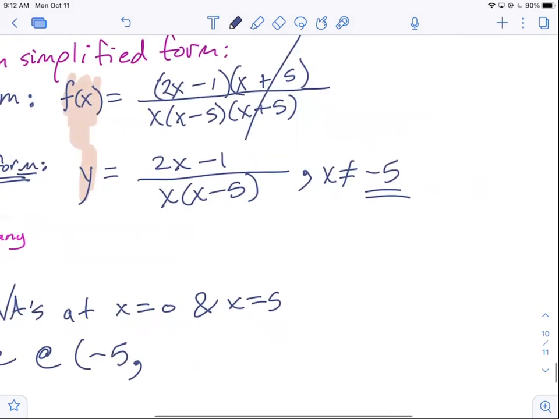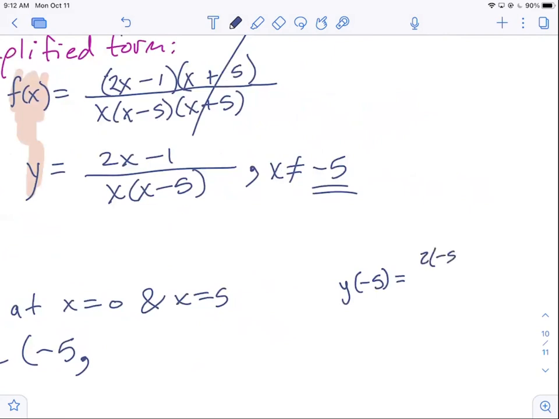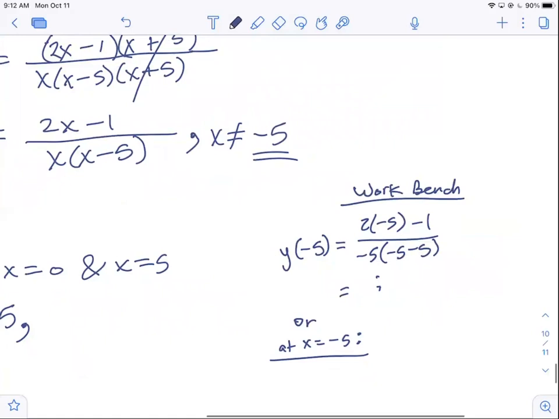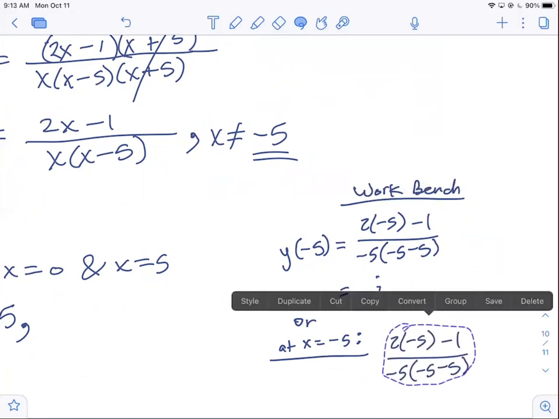Now, I'm going to do that off to the side. You could either say y of -5 equals, and then plug it in. This is on your workbench over here. You could say 2 times -5 minus 1 all over -5 times -5 minus 5, and then simplify. Or you could say at x equals -5, colon, and then just plug it in. So remember, you should always be indicating what you're doing, indicating your method, communicating your result.